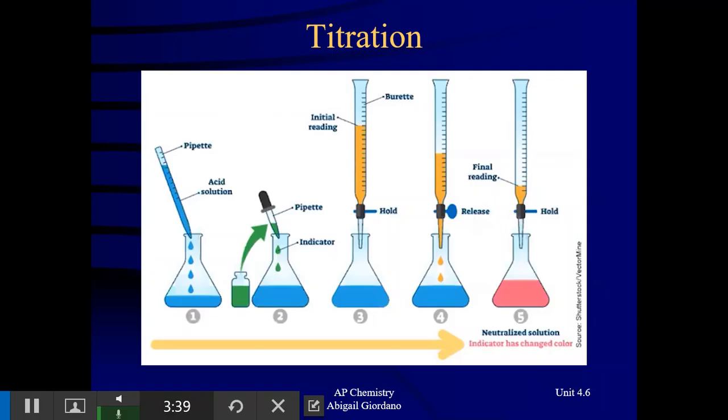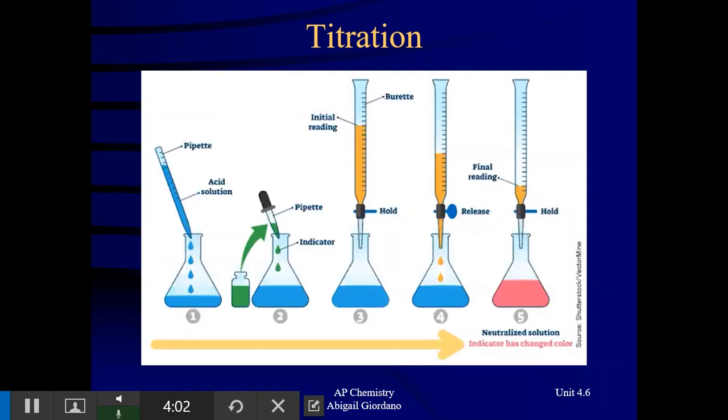In step 3, I take a reading on how much, let's say it's a base, is up in the burette. I take a reading on how much base I begin the reaction with, where it is in the burette, those volume markings. And then step 4, I'm starting to add some base to the acid that's down in the flask.